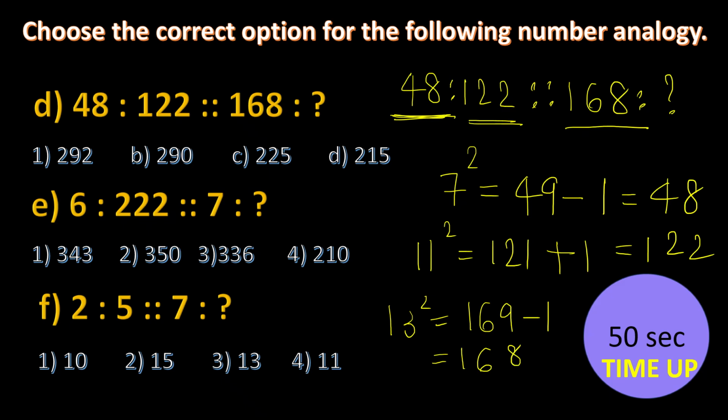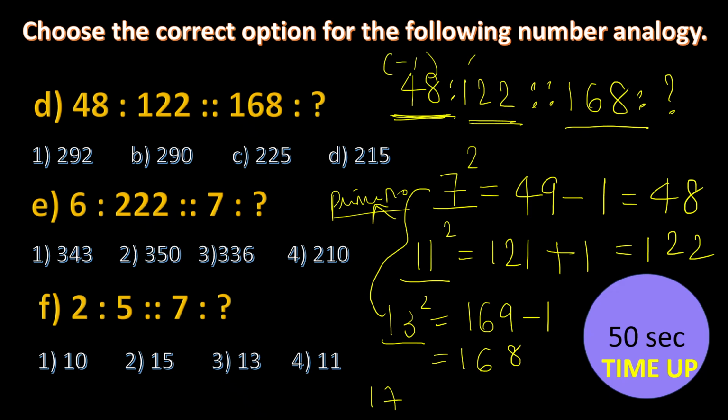So you can see that 7, 11 and 13, what are these? These are prime numbers. So next prime number will be what? 17. So they have done here -1, +1, again -1.